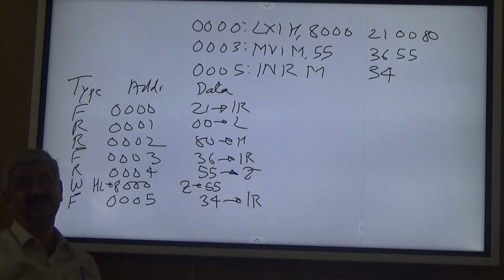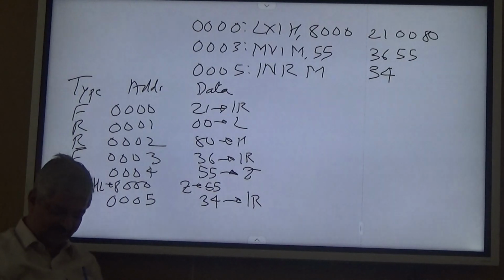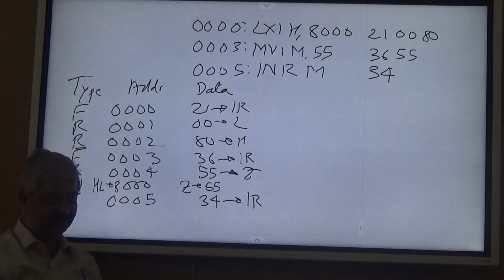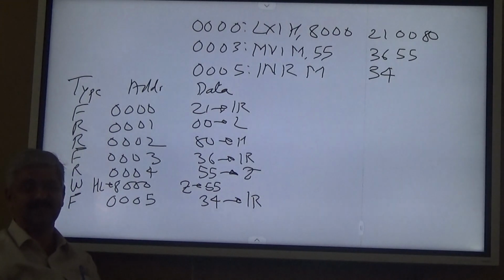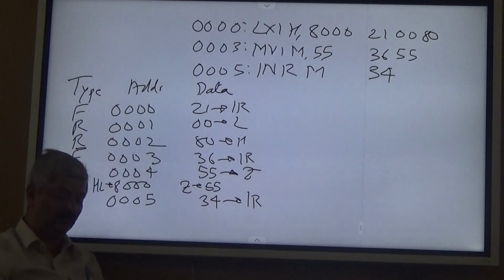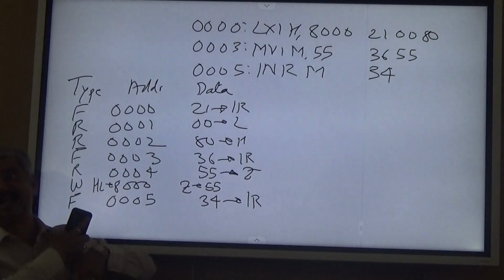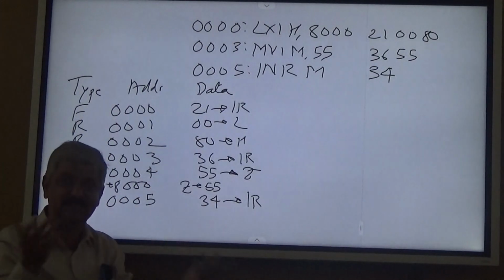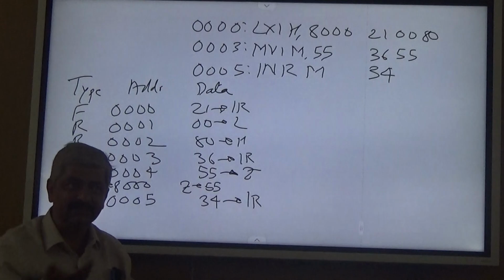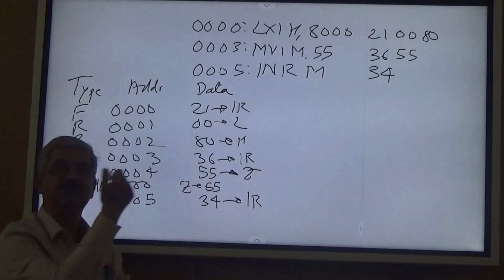It is increment memory location. Increment memory location means, where is the operand? The operand is outside the processor. If it was increment B, what was being done? In the bracket you write B equal to B plus 1. That can't be written here anymore. Why? Because M is outside and the microprocessor can't send a signal to memory to increment that. So the only way it can do this is to take it in, increment and send it out.